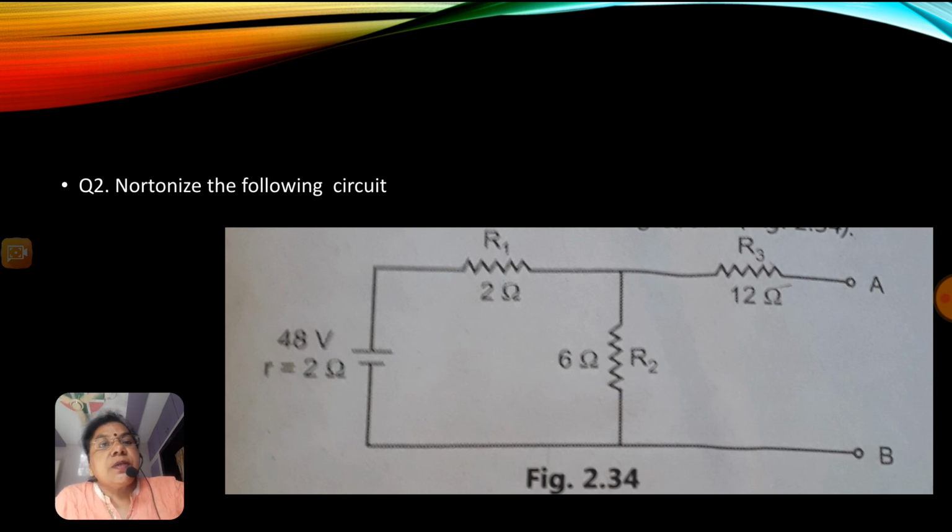So you have to consider that whenever you find the equivalent resistance in the circuit, when you look into the circuit, or when you replace the 48 volt battery. Here we cannot replace it by a short circuit. You have to replace it by 2 ohm, because it is mentioned in the circuit that the internal resistance of the battery is 2 ohm. So do not short circuit, replace it by 2 ohm.